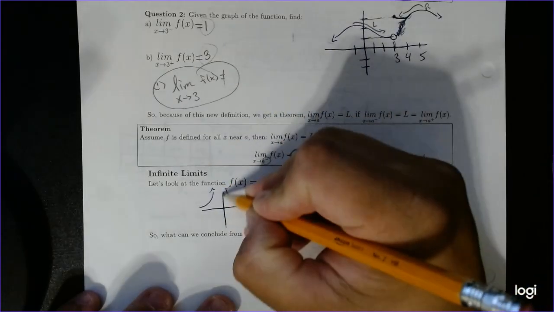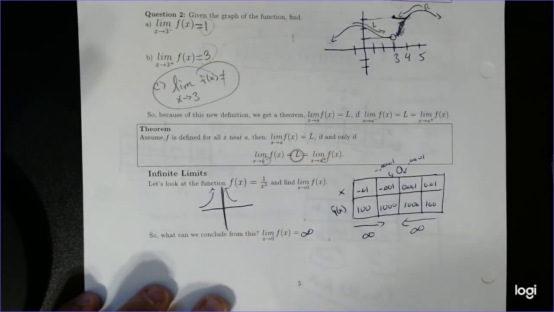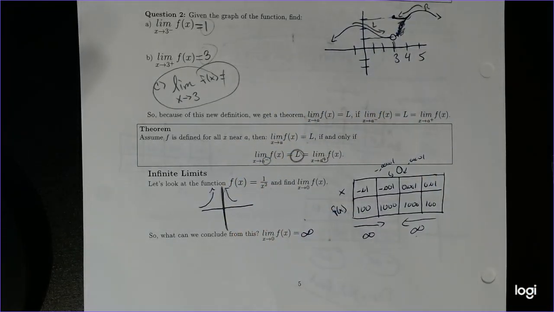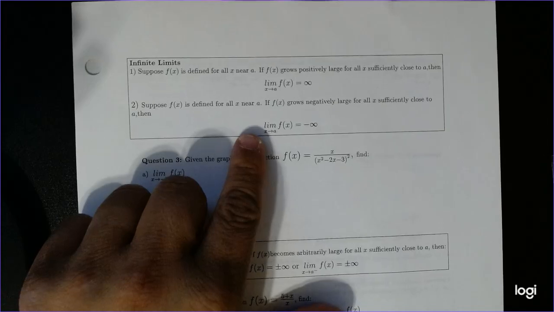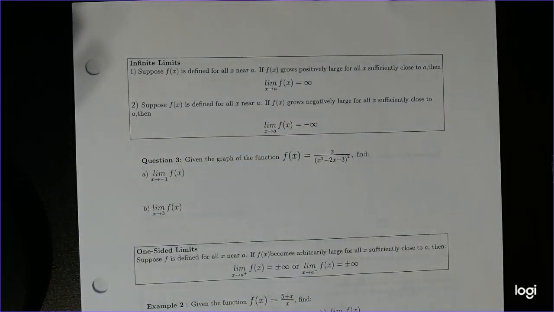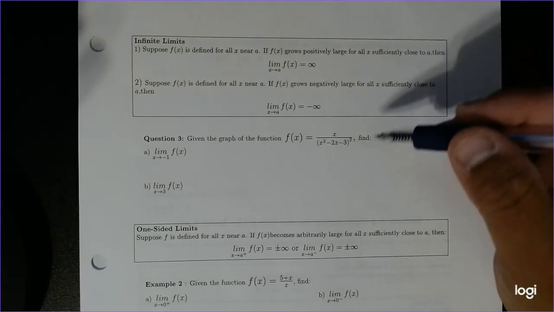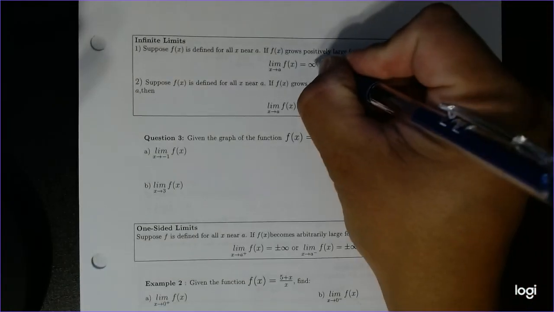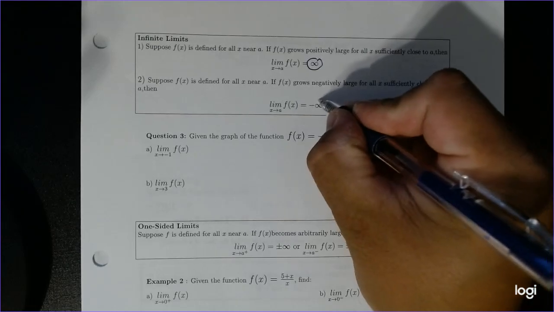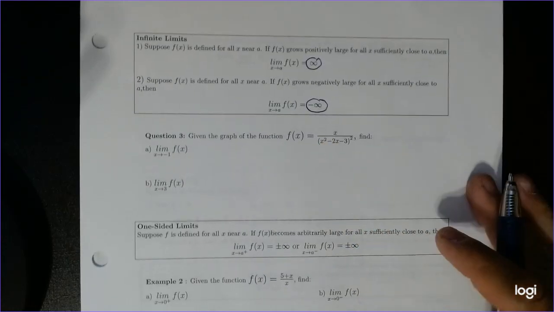Because, again, we have a vertical asymptote at 0. So those are the kinds of situations that correspond here. Now limits can go to a number, they can not exist, and they can also go towards the symbol of infinity, meaning they just go on forever, or negative infinity.